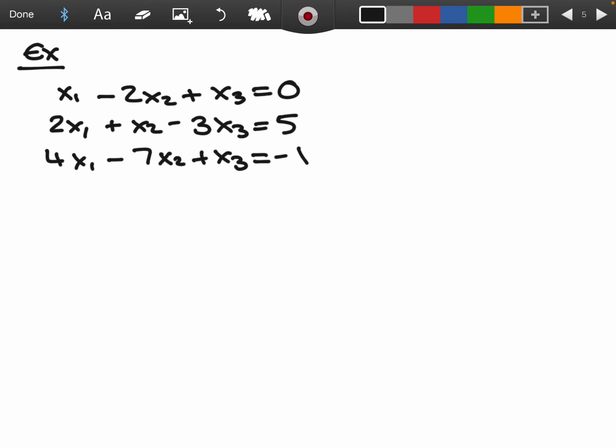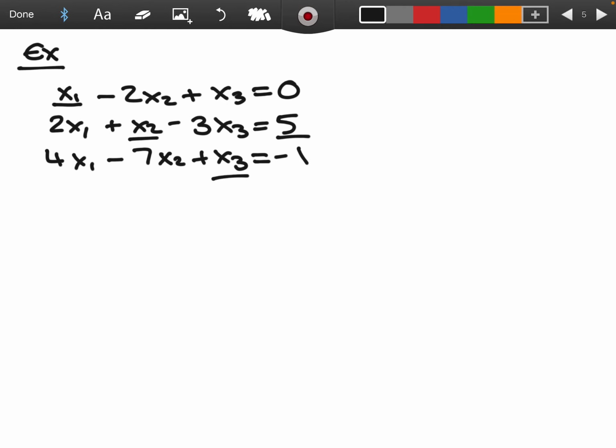Then what you should end up with is x1 in the first equation is equal to something, x2 in my second equation is equal to something, and x3 in my third equation is equal to something. So I need to start with x1 and eliminate it from every single equation except for the first one.